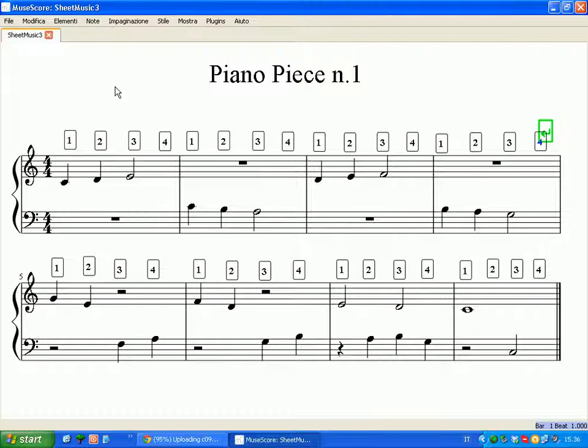Then, of course, in the second bar we will have a whole note rest. So we are not emitting any sound. There is a silence lasting 4 beats. So we are going only to hit the desk with the pencil.